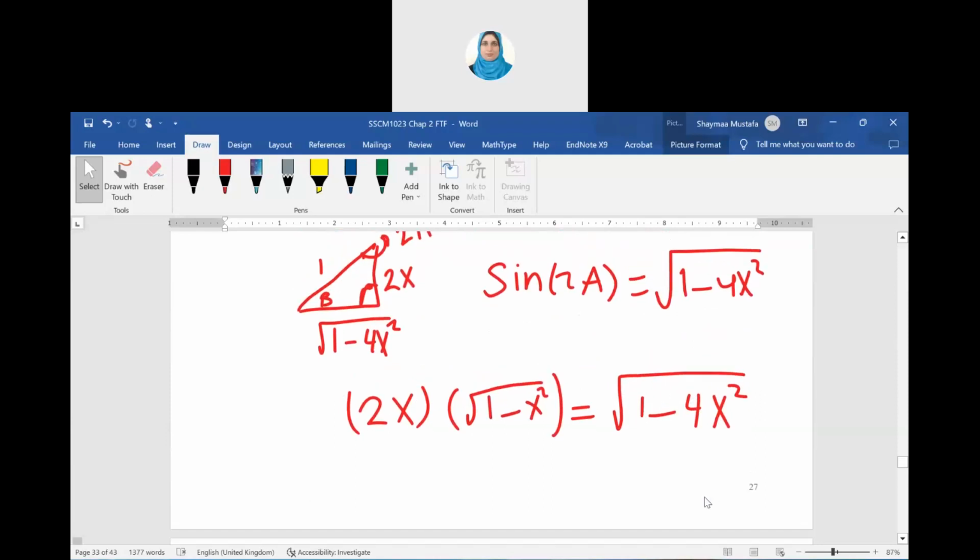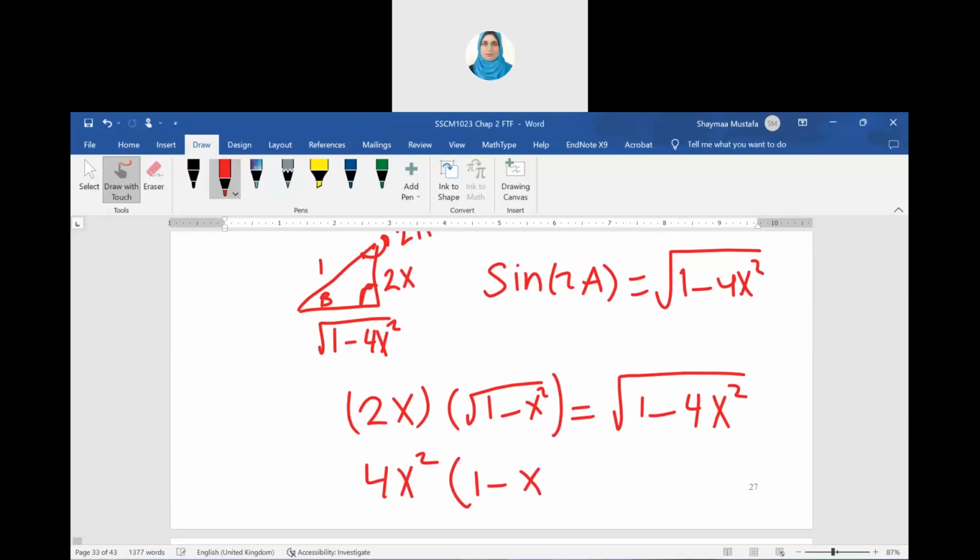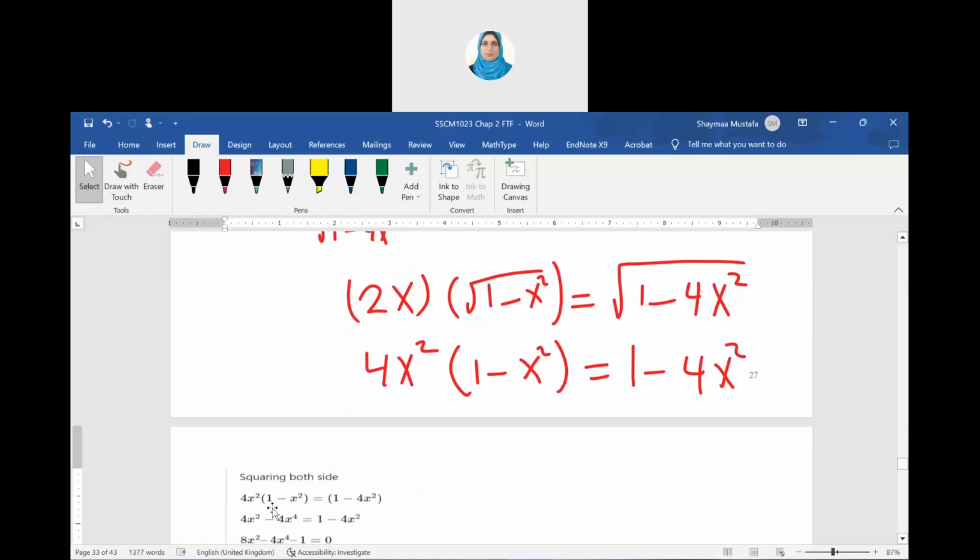If you square both sides, this will become 4x squared times 1 minus x squared is equal to 1 minus 4x squared.